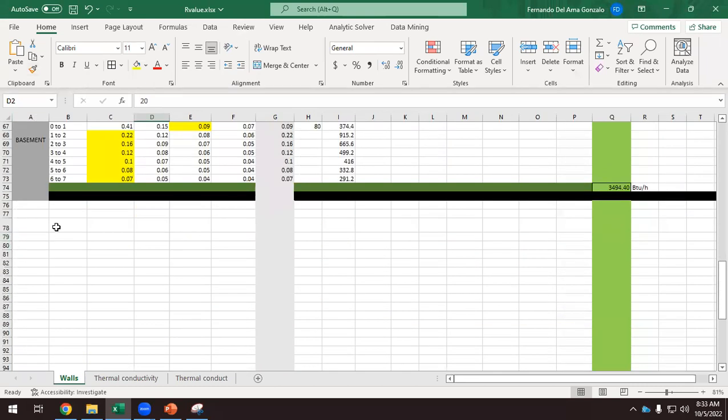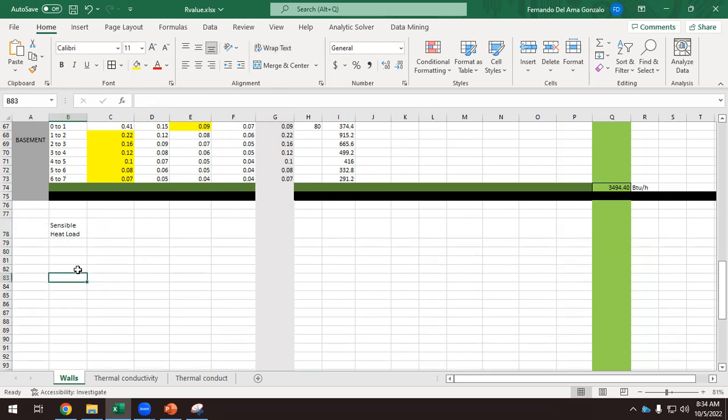Okay, so here we can have sensible heat loads. Okay, this sensible heat load, we have a basement, and we have first floor, and we have the second floor. Okay, so I'm going to place this like here.